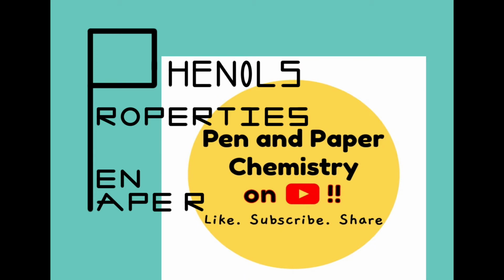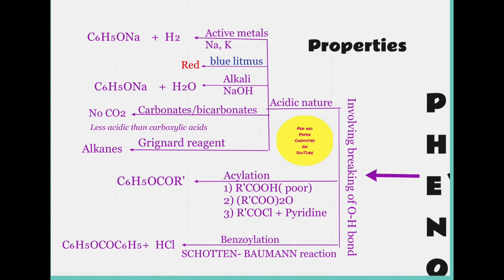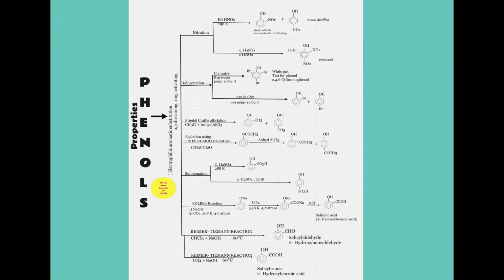Are you ready with your pen and notebook to continue the learning on phenols? We have already dealt with the properties involving the breaking of the OH bond, and will now be moving on to properties wherein phenol shows electrophilic aromatic substitution reactions.